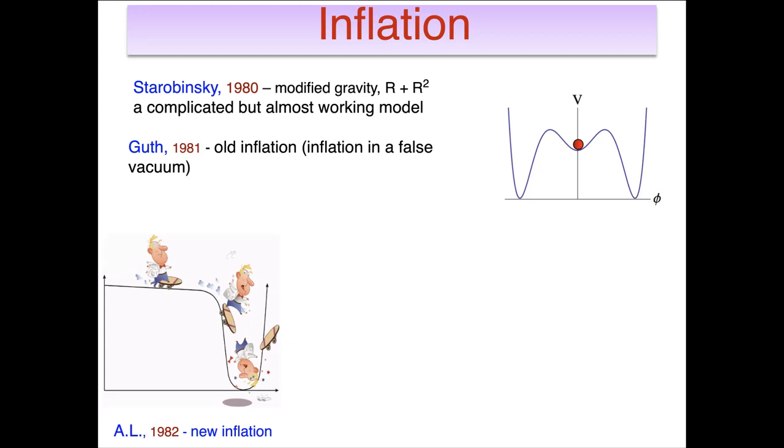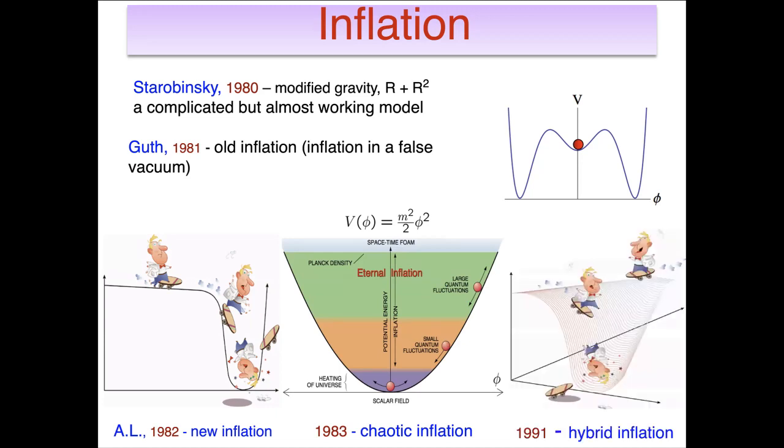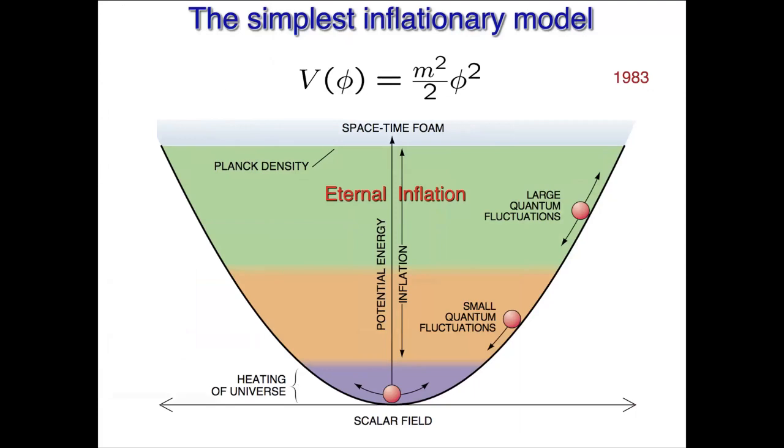But let me try first to cover some material which I wanted. So this new inflation existed and worked until it did not. And in '83, I replaced it by a theory of chaotic inflation, which was much more general and simple. And then there were some other versions of inflationary theory. So let me tell you a few words about the simplest inflationary models of '83.